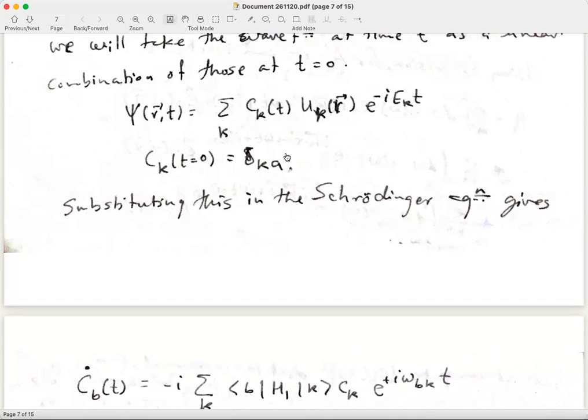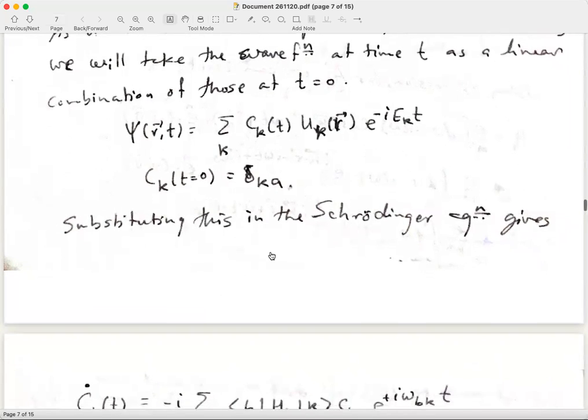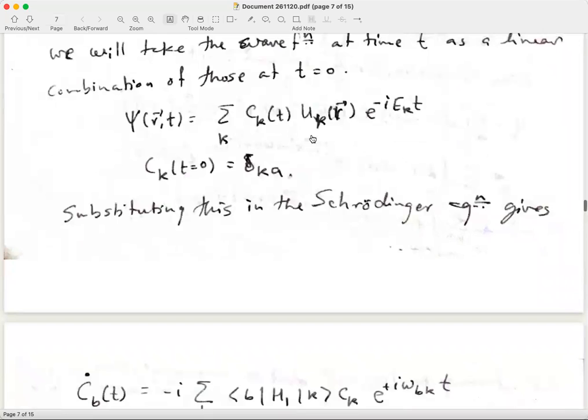Now what we want to ask is what is the overlap of the initial wave function with the final wave function, which involves c_b of t. So when i del del t acts on this, u_k just passes through because there's no time dependence. When it acts on e to the minus i omega_k t, it gives you a time independent Schrodinger equation involving u_k.